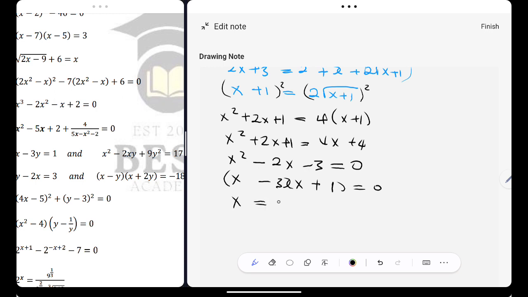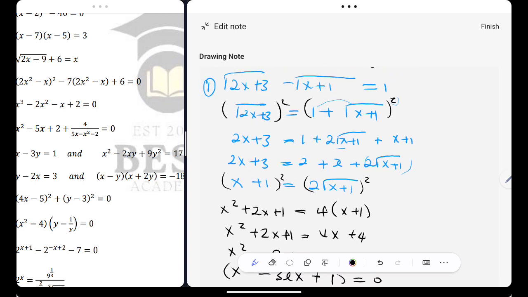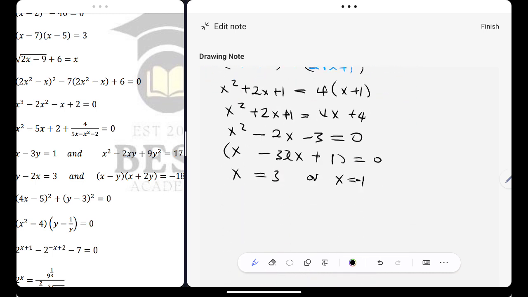So x is equal to 3, or x is negative 1. Are we together? X is 3 or negative 1.